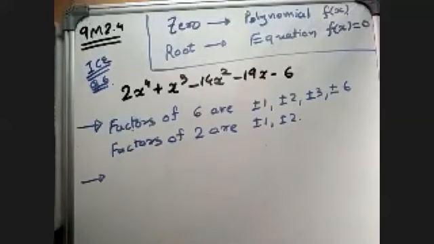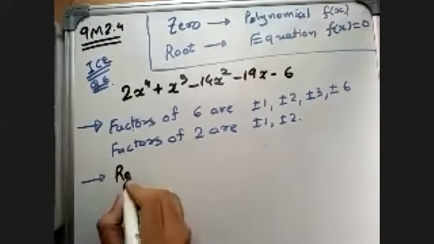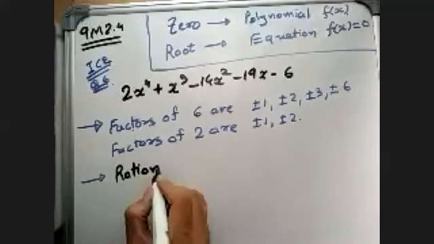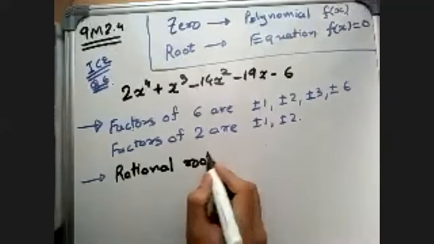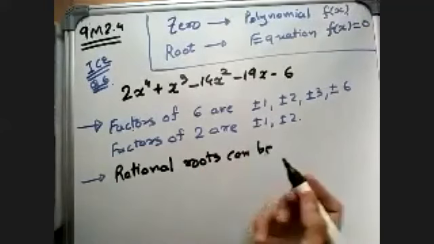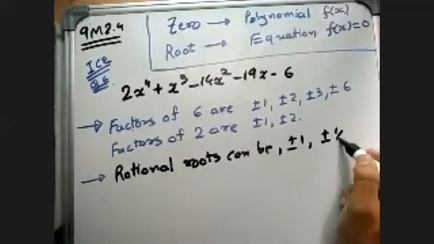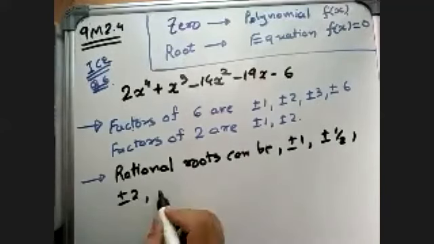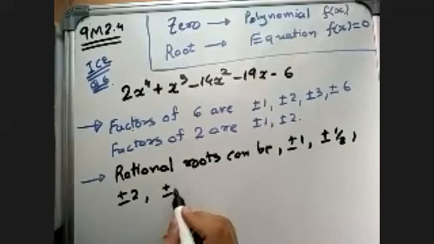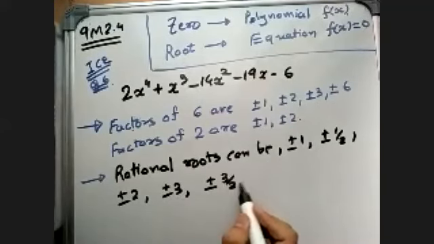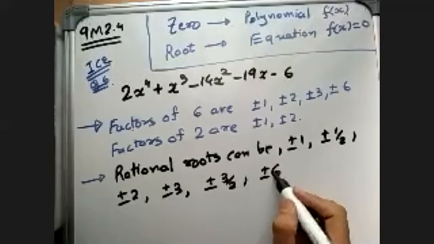wait for 1 minute, there is one problem. Okay, so from rational roots theorem, or you can directly write possible rational roots are, if you do not want to mention that. Okay, so your possible rational roots can be 1 by 1, same that we have done in last class, 1 by 2, 2 by 1, 2 by 2, that is 1 only, 3 by 1, 3 by 2, then 6 by 1, and 6 by 2 is already 3.